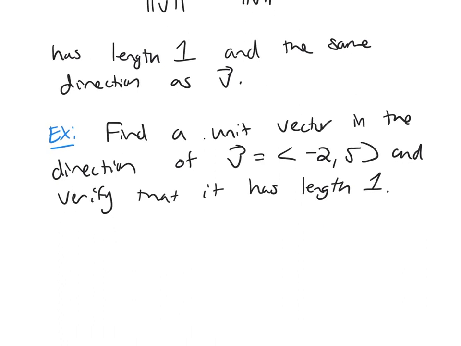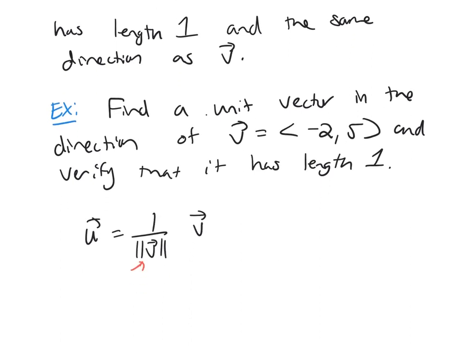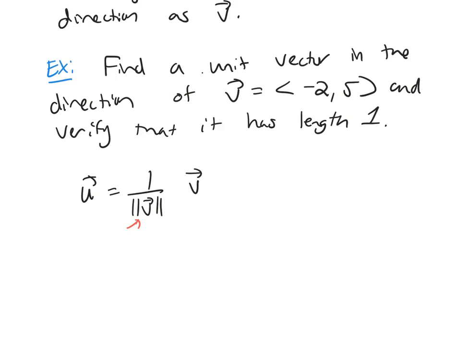So I want to find a unit vector in the direction of v. So we need to find the vector u. Well, we have a nice formula for this vector, but I'm going to need the length of my vector v. So that's the first quantity we're going to find. Let's find the length of our vector v. Remember, we square our entries, add them together, and take the square root.